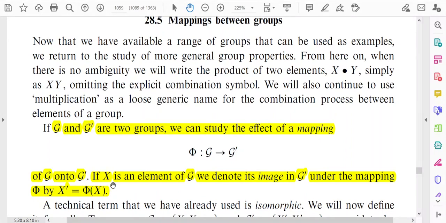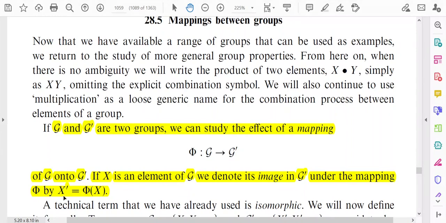Now suppose X is an element of G, and we denote its image in G prime under the mapping phi by X prime. So if X is an element of G, we define its image as X prime, and X prime is in the group G prime.